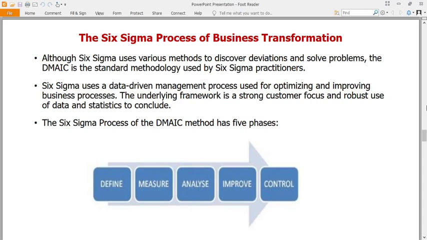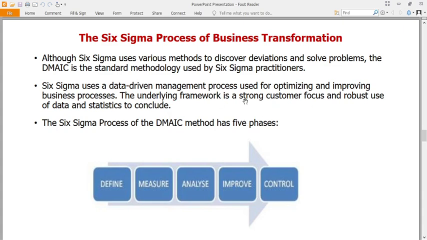So this is the process of the Six Sigma business transformation, and we are going to zero in on the define, measure, analyze, improve and control methodology, because that is what is most used in most medium enterprises.